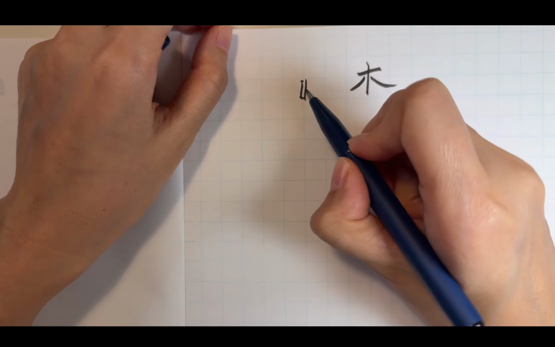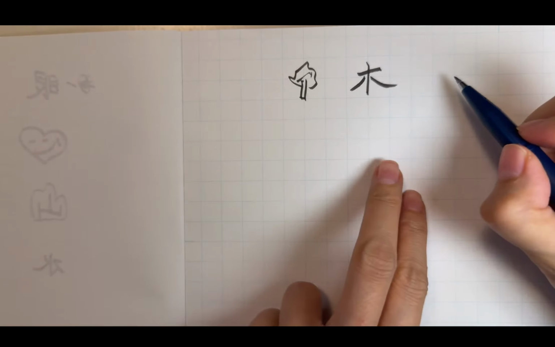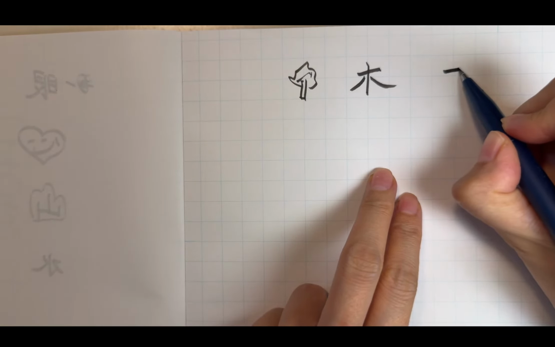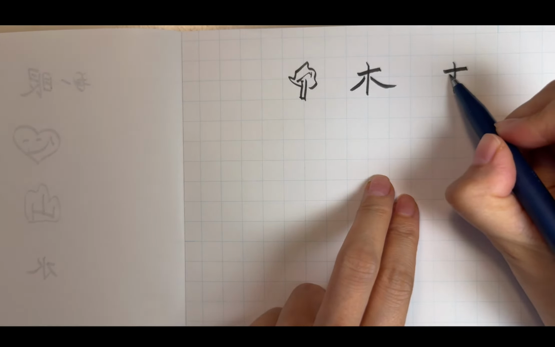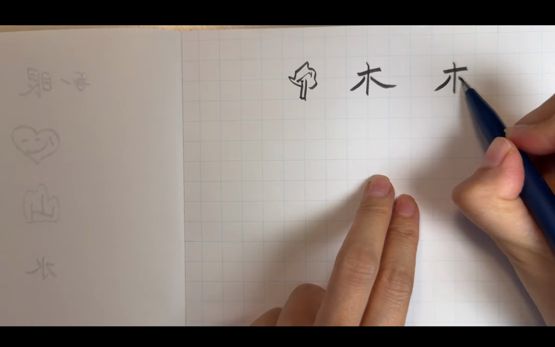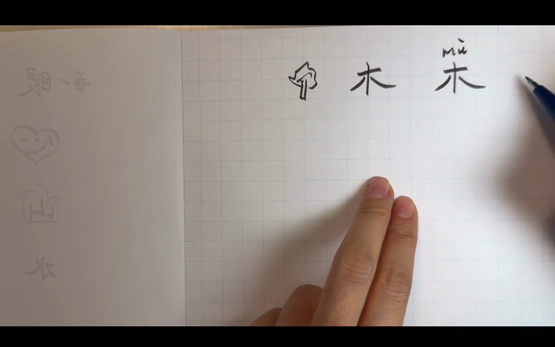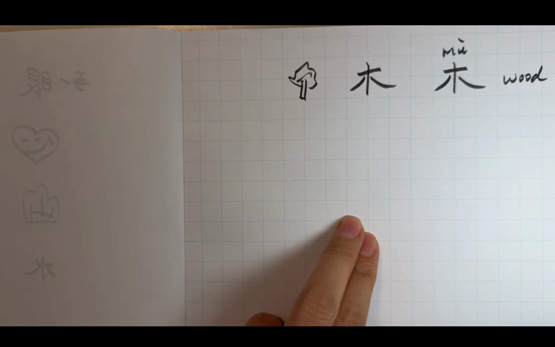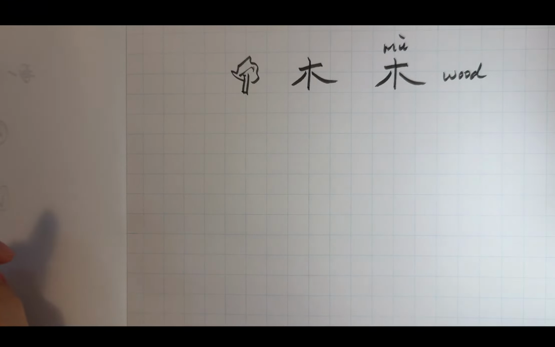You have the trunk, and then you have something fluffy here. 木, 横, 竖. You have the cross first. 撇, 捺. So that is 木, which means wood. 木头.